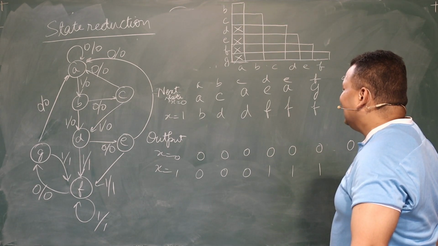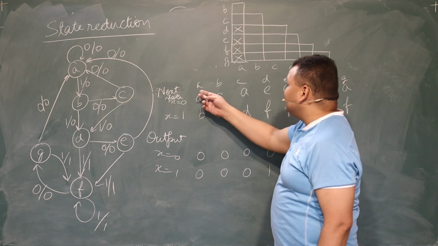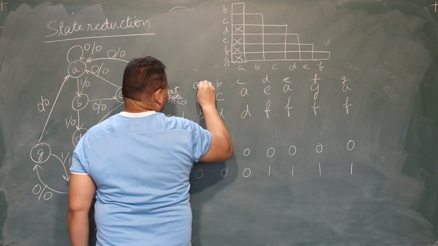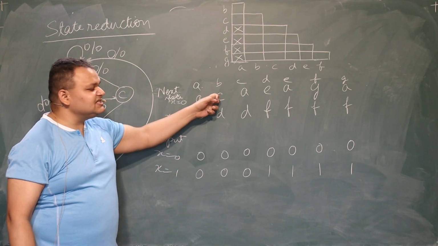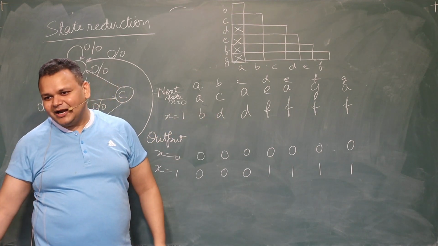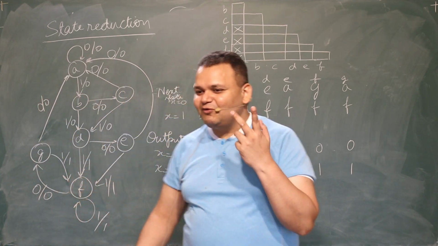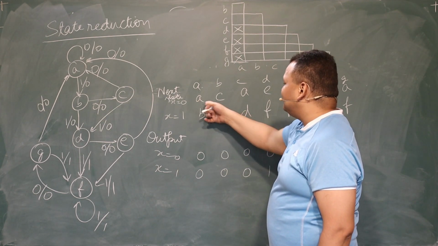For A to be equivalent to state B, what do we need? We need that A and C should be equivalent, and we also need that B and D should be equivalent. We need those two requirements to be met.